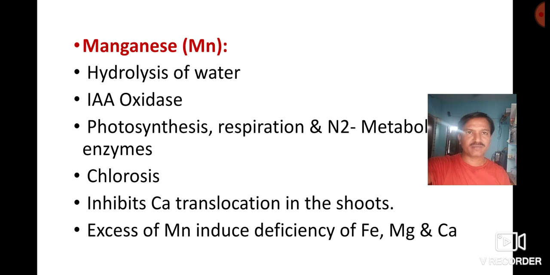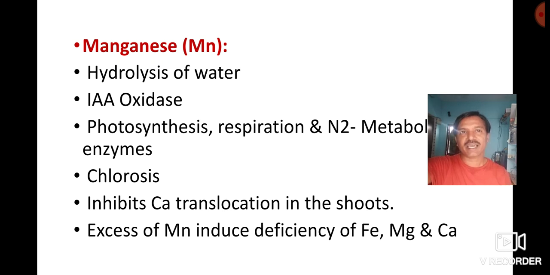And manganese. Some separate characters are included in this. It is involved in hydrolysis of water, and it activates the enzyme IAA oxidase. It also activates enzymes involved in photosynthesis, respiration and nitrogen metabolism. Its deficiency leads to chlorosis.